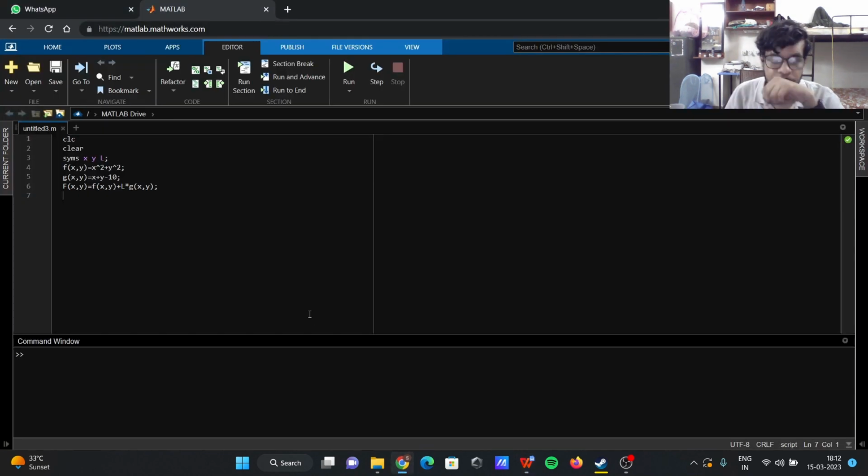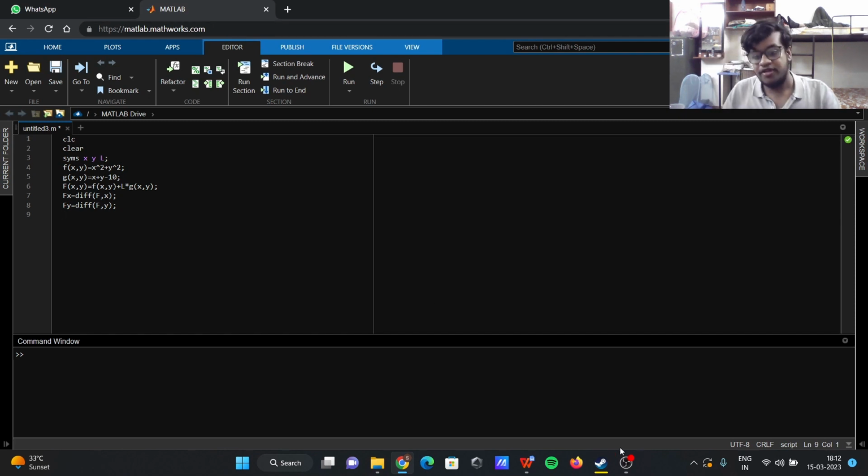So we define fx as diff. What this diff function basically does is it partially differentiates. Let's say that you do diff F comma x. Basically what it means is you're differentiating capital F with respect to x. Similarly, define fy as diff F comma y. Basically this means you're partially differentiating capital F with respect to y.